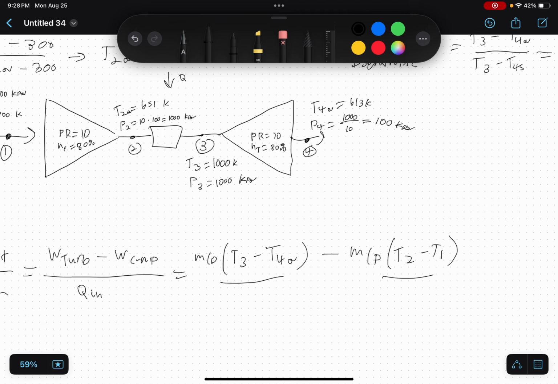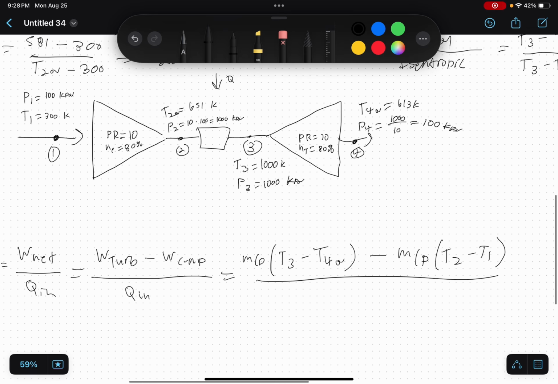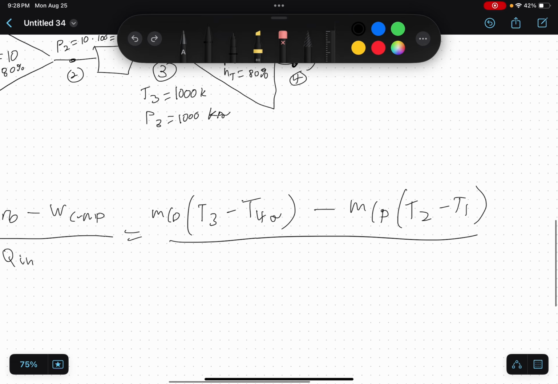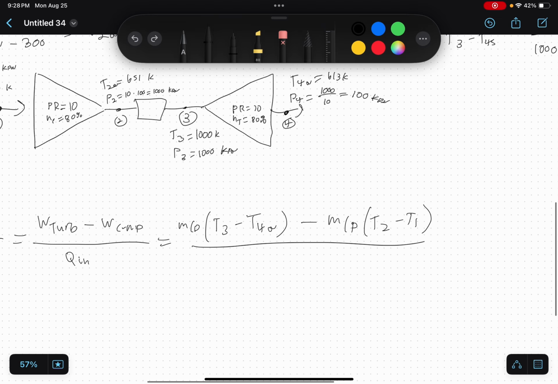Okay, we're good. Over Qn, which is a difference between 2 and 3, because Q goes into the combustor and heats you up from 2 to 3. So it would be m Cp, T3 minus T2. Cool.